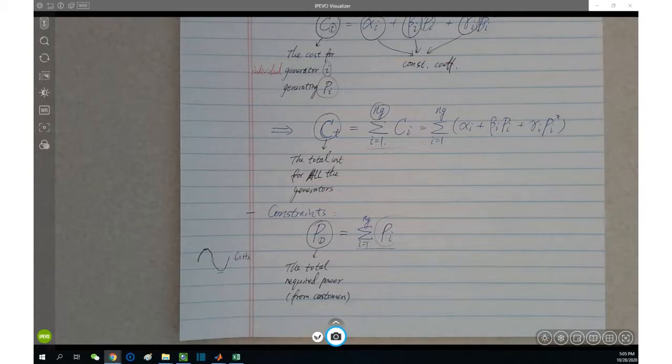As to the current, of course, you have a voltage source, and the current is determined by the load you're applying. However, here we are studying the cost. So we are leaving the voltage magnitude and the frequency to whom? To the control system.